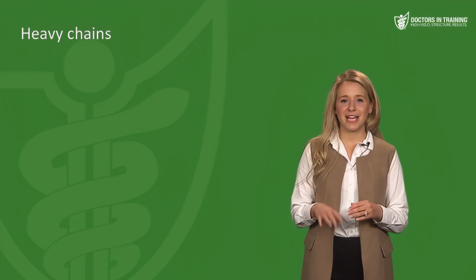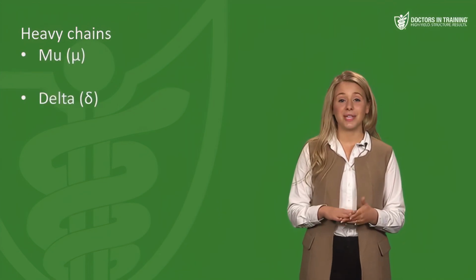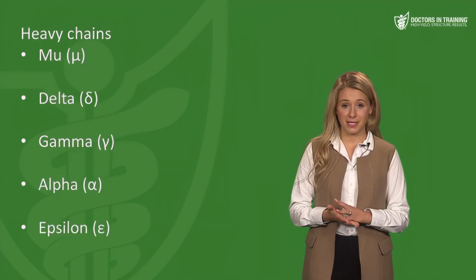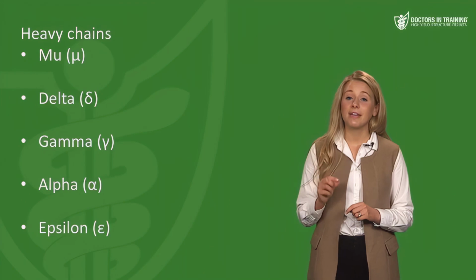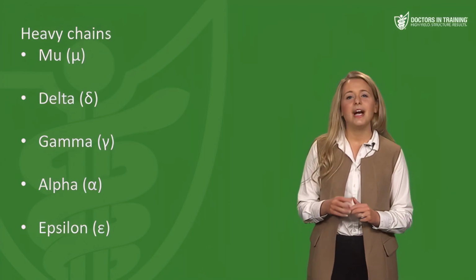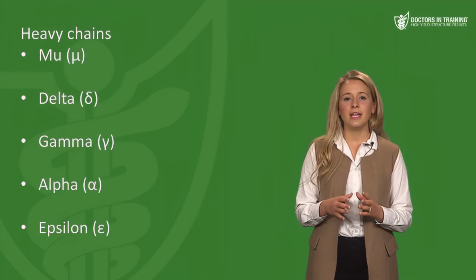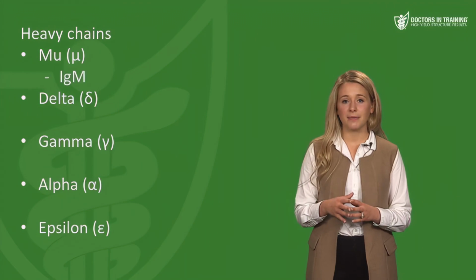There are 5 different types of heavy chains: mu, delta, gamma, alpha, and epsilon. And each of these heavy chains corresponds to a specific antibody isotype. If an antibody has a mu chain, that makes it an IgM antibody.